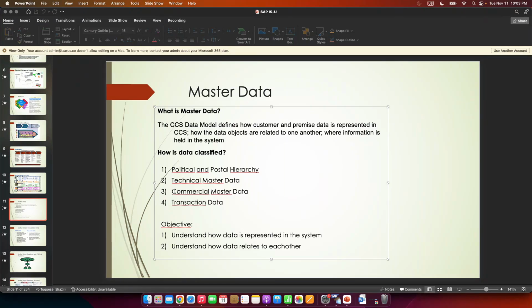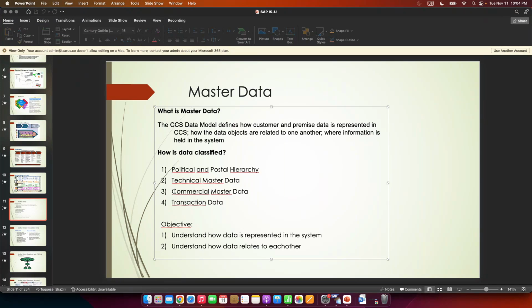And that regional structure has two components, which are political and postal. And before even getting into that, let me give you a real-time scenario.